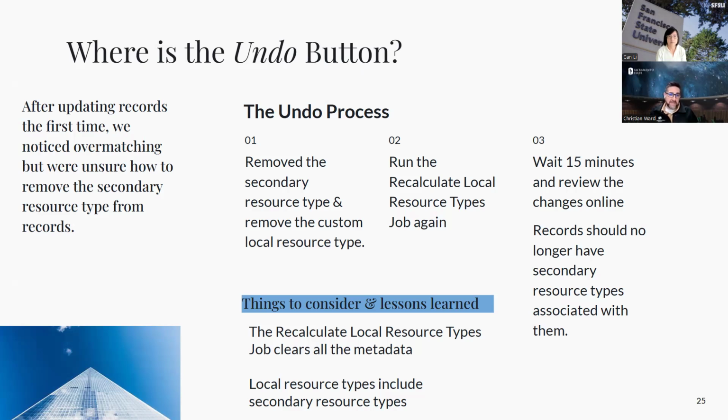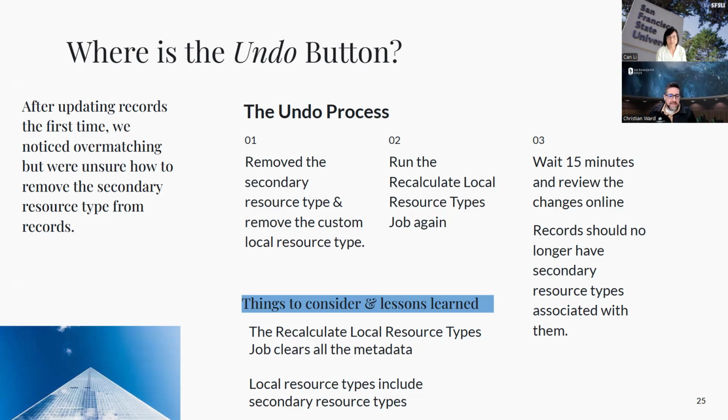The way to remove it is that you have to remove the secondary resource type and the custom local resource type. You have to physically delete them from your system so that they don't exist in your tables for secondary resource types. And then you run your recalculate job.